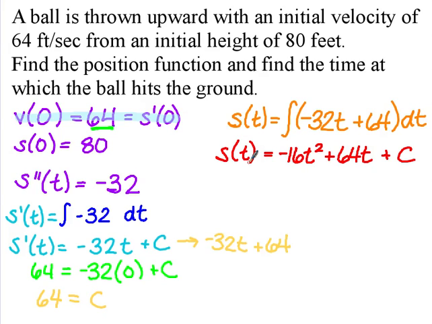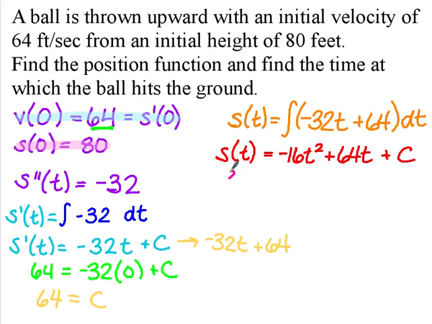So that's what my position function is now. The only thing I need to find is what? I got to find c. Okay. So to find c, I'm going to utilize this bit of information. You probably can do a lot of the same thing in every problem. Okay.